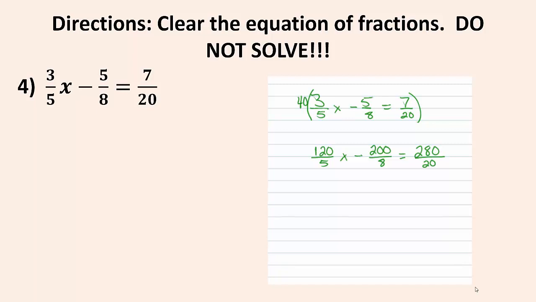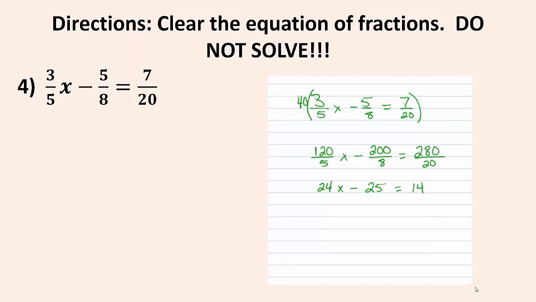So 120 over 5 simplifies to 24x minus 200 over 8 simplifies to 25 equals 280 divided by 20, 14.